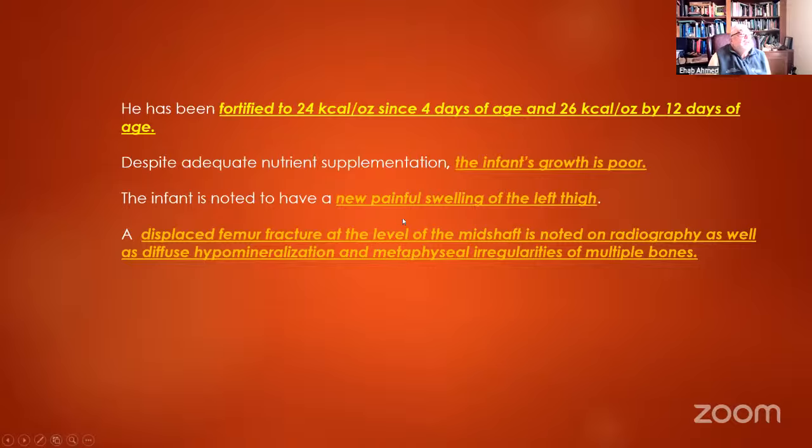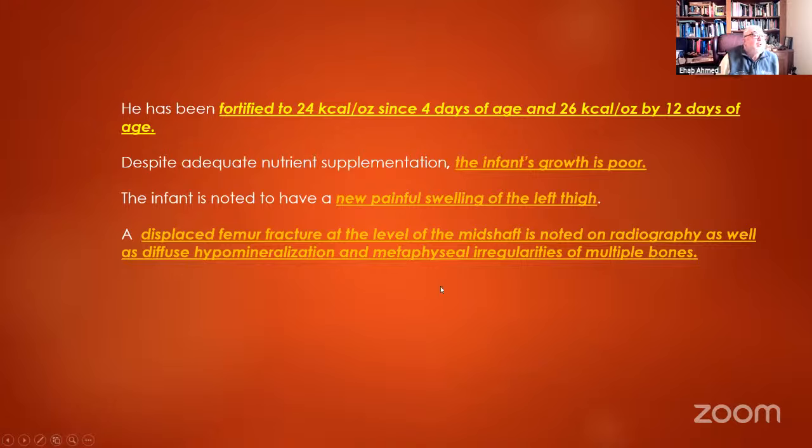And then started to have new painful swelling of the left thigh, which proved to be a fracture of the femur, with displaced femur fracture at the level of mid shaft.